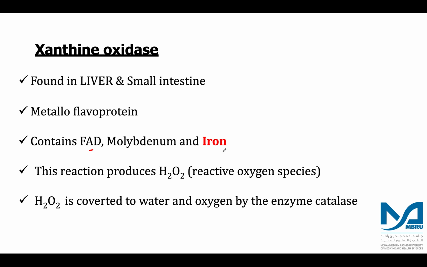Now, it is said that anemia is a risk factor for gout. In anemia, we have anomalous iron metabolism. It is not known how anemia leads to gout, but there is a prevalent thought that in anemia there is an alteration in the structure of xanthine oxidase which leads to gout-like symptoms.